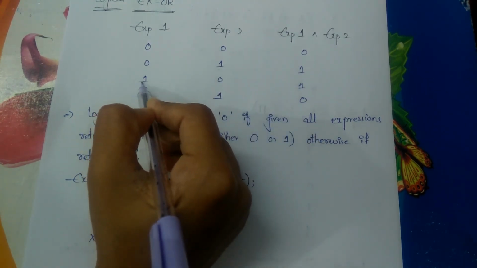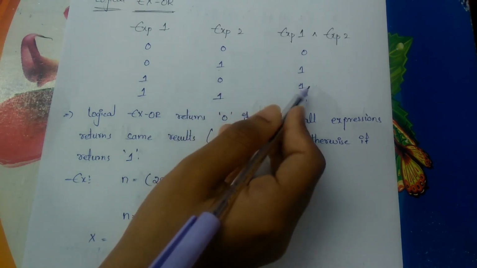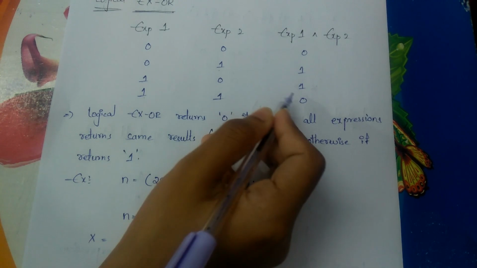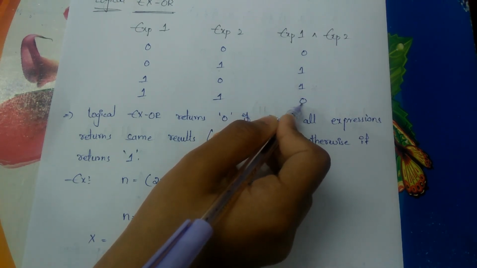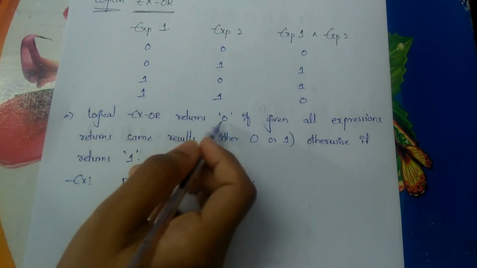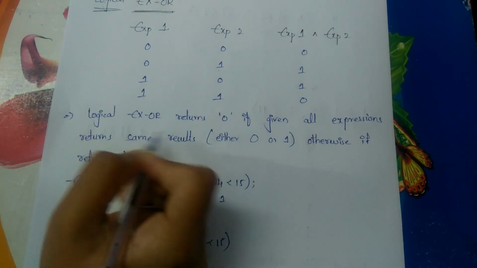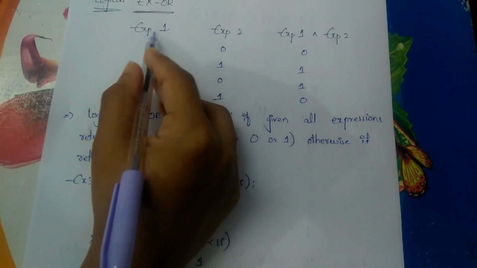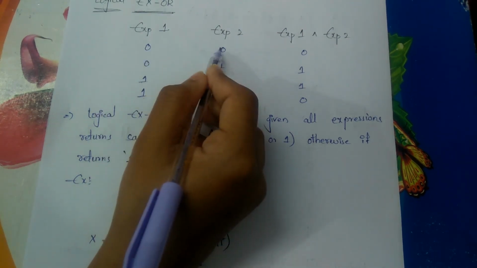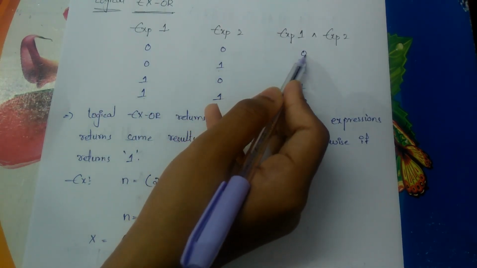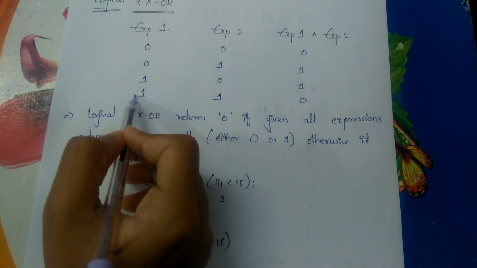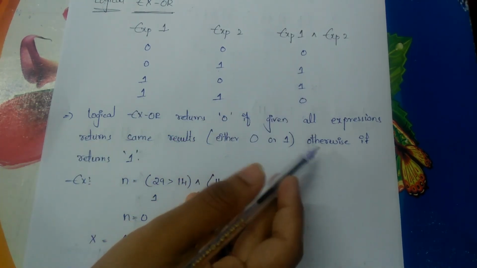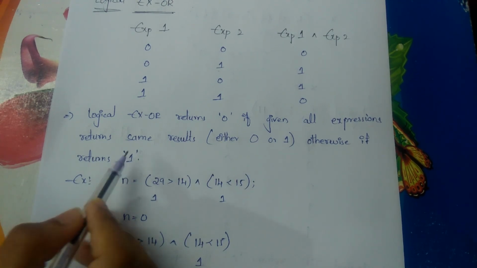If the first statement is true and the second statement is false, then it returns 1. And if both statements return true, then it returns 0. So logical XOR returns 0 if both expressions return the same result, either 0 or 1, otherwise it returns 1.